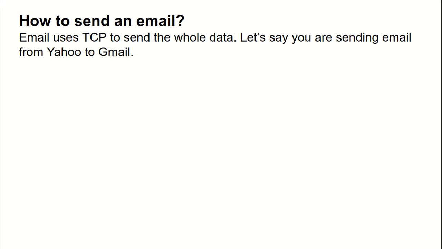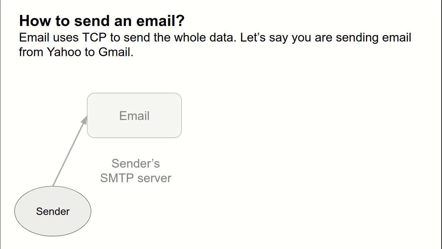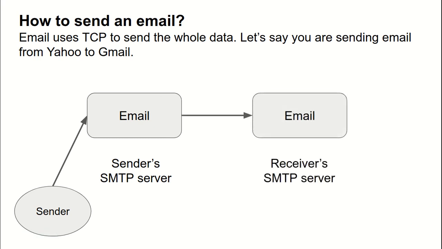Alright, so how the process will go: first the sender will appear, and the sender will send a message or email to the SMTP server. I have shown you that the SMTP server is used for sending the email. So the sender will transfer the data to the SMTP server. Now the SMTP server is connected to the receiver SMTP server.